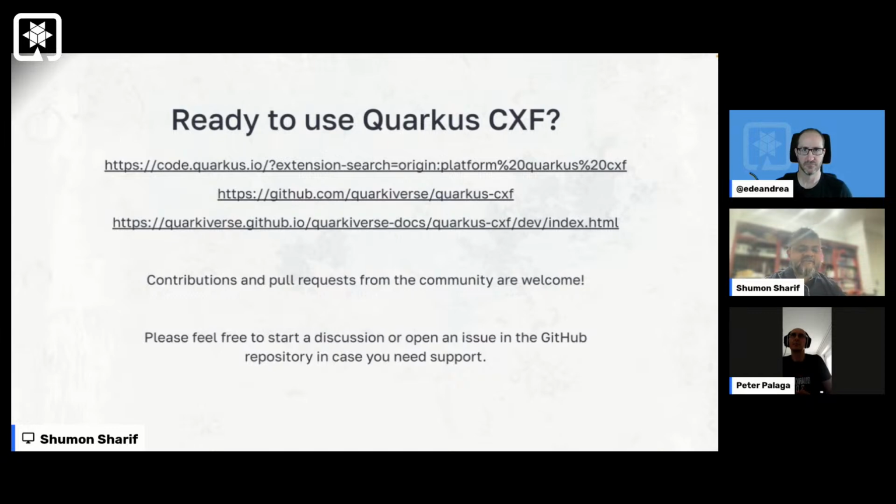As mentioned previously, contributions and pull requests are always welcome. And if you have any feature requests or issues you'd like to report, please hop onto GitHub and open an issue or start a discussion. Peter, anything you want to add? No, I'm fine. Thanks.